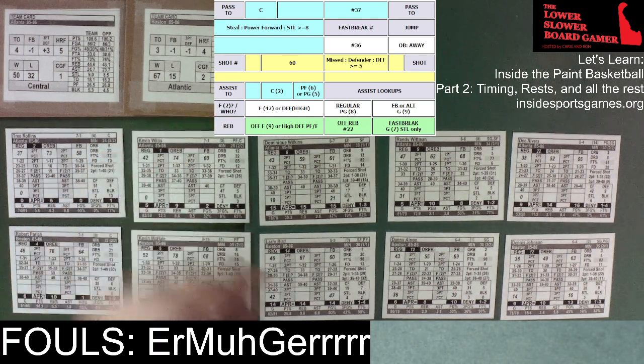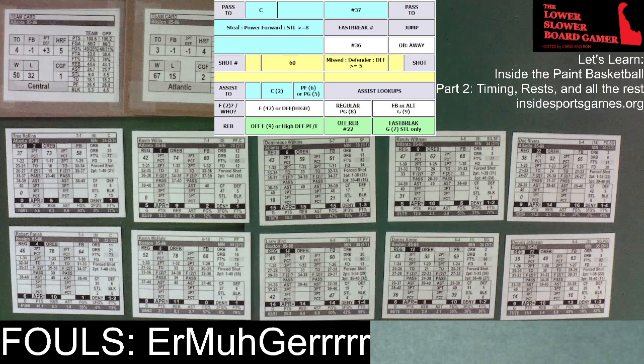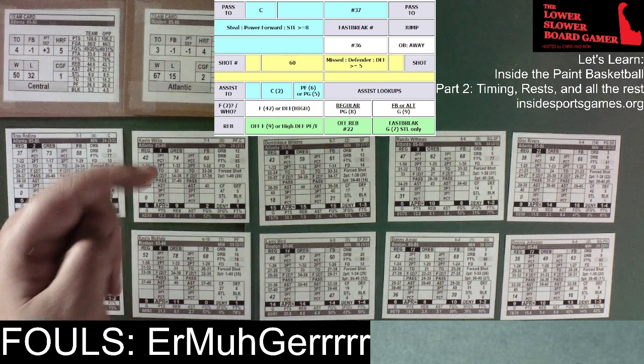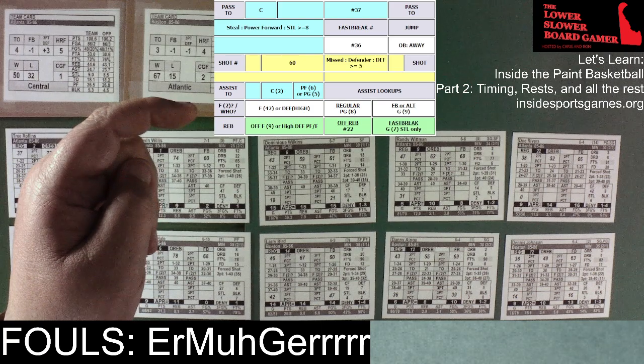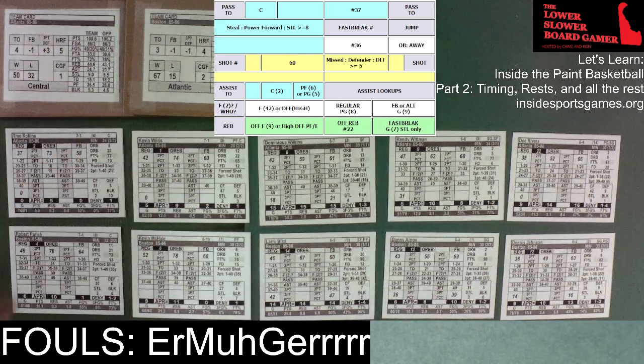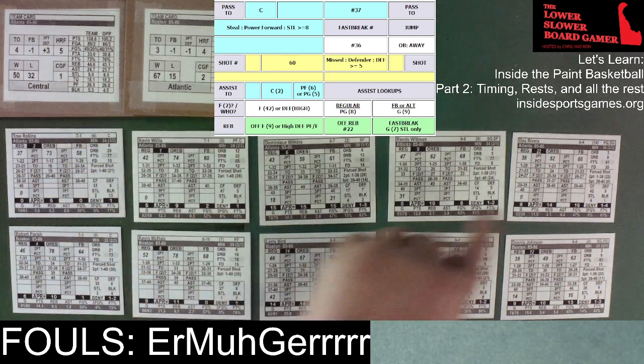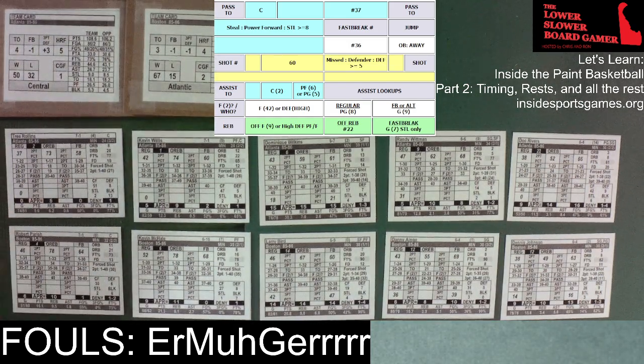He only has 19, so the foul is not on him. So it goes against the highest CF defender, which is 51. The foul is on Tree Rollins.